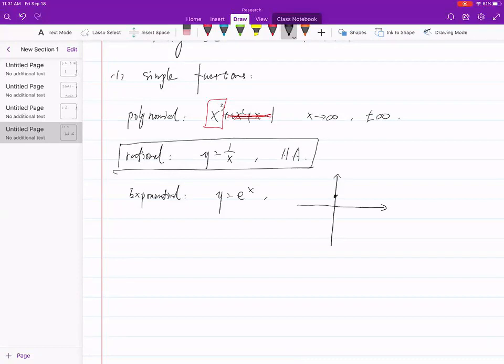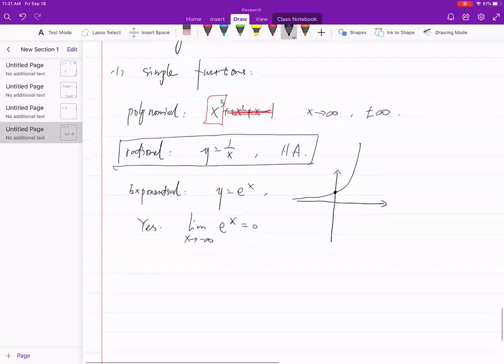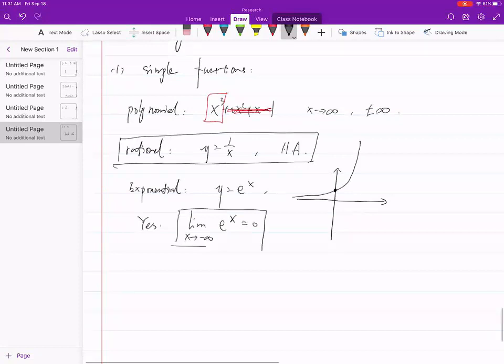Plug in 0, you got 1. e to the 0 is 1. It becomes bigger, it's increasing. It's never negative though. Do you recall the graph like this? Therefore, yes. Limit as x goes to negative infinity, e to the x is 0. That is the second one we need to know.